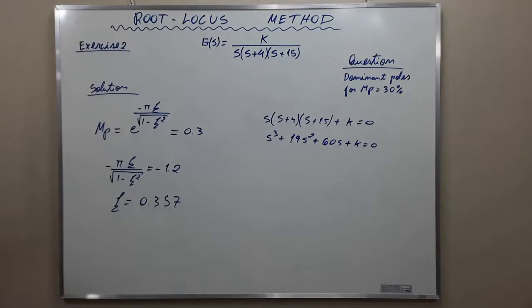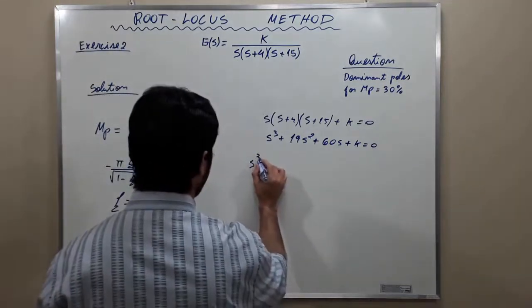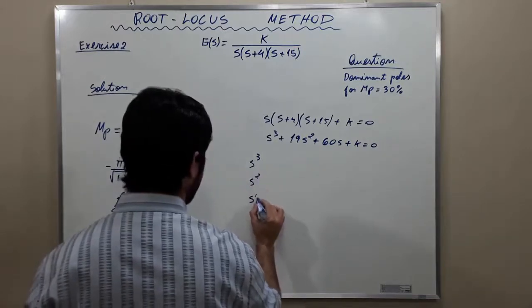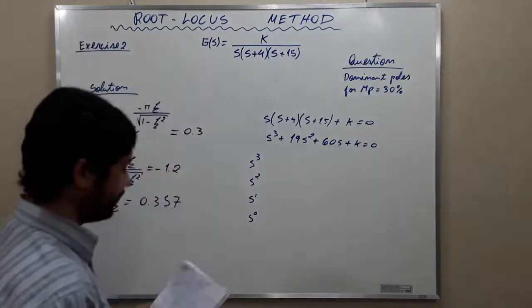And the Routh's array becomes s cubed, s squared, s1, and s to 0.